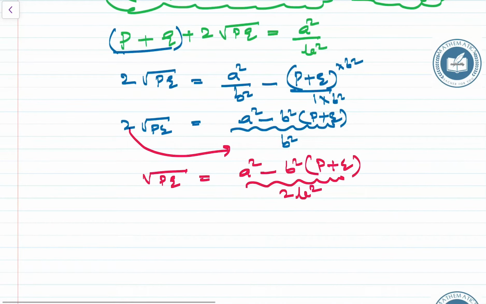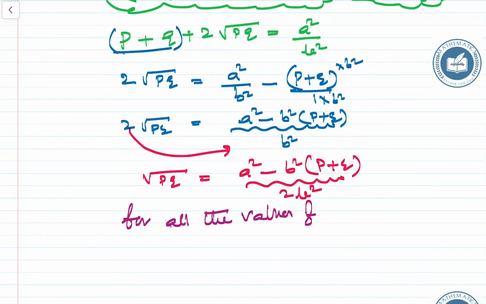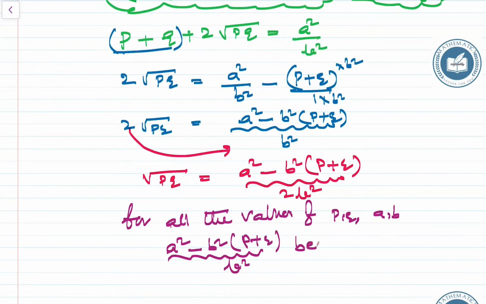So for all the values of p, q, a, b, this whole (a square minus b square times (p plus q)) upon 2b square becomes rational.